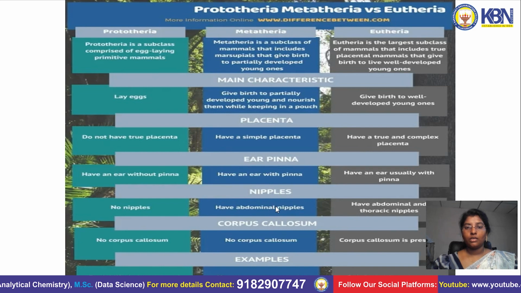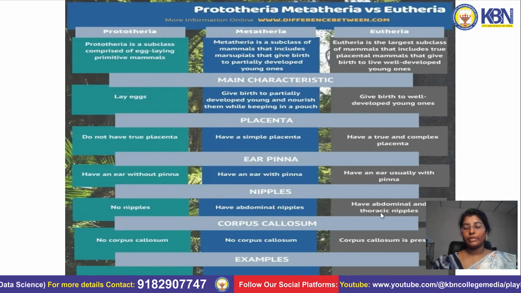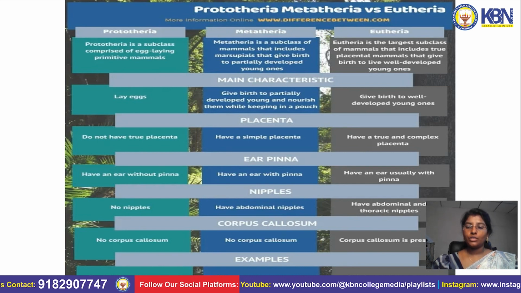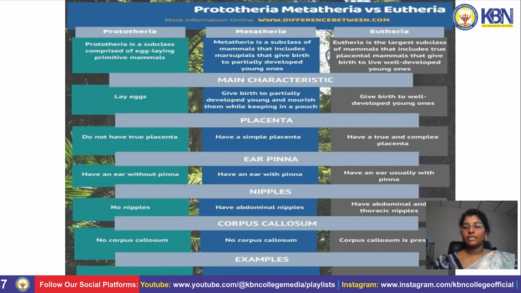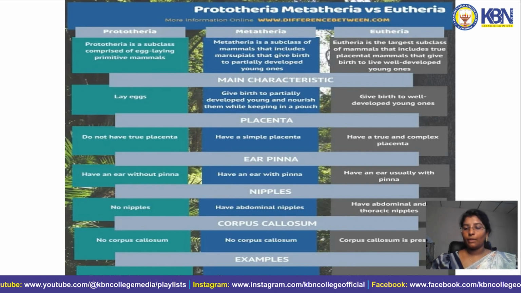In Metatheria, it has abdominal nipples, present near the abdominal region. In Eutheria, it has abdominal and thoracic nipples, present in both the abdominal region and thoracic region.